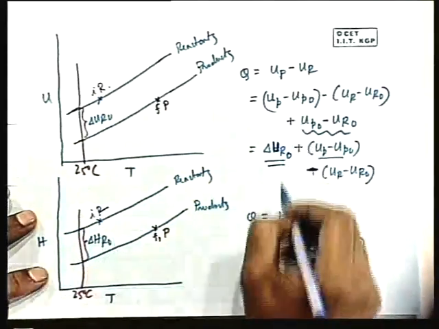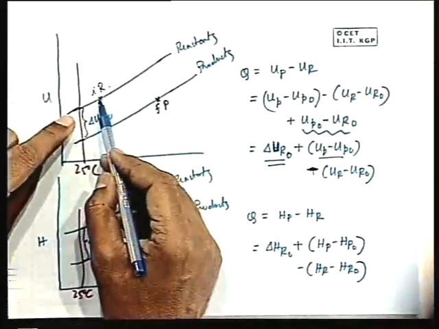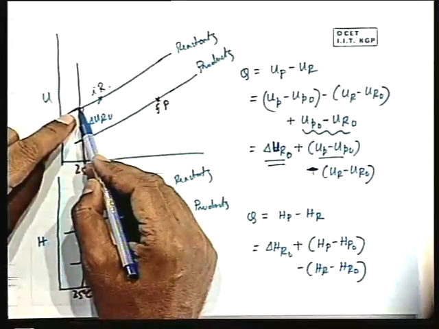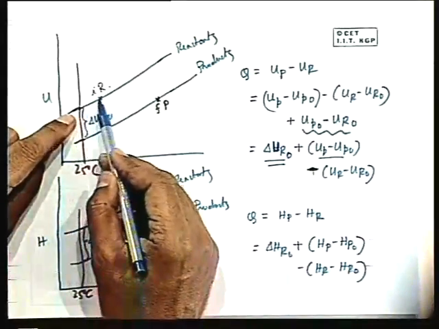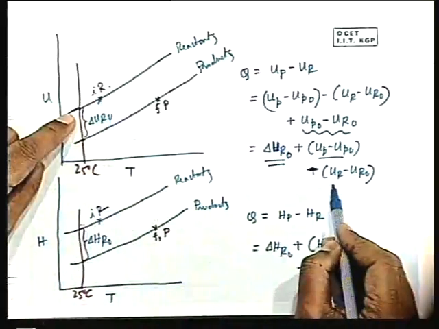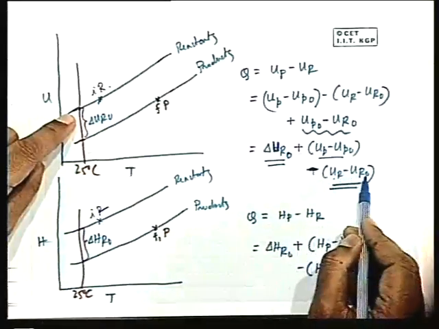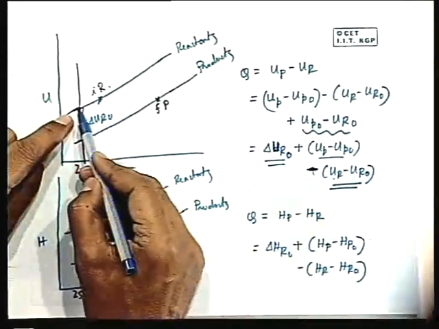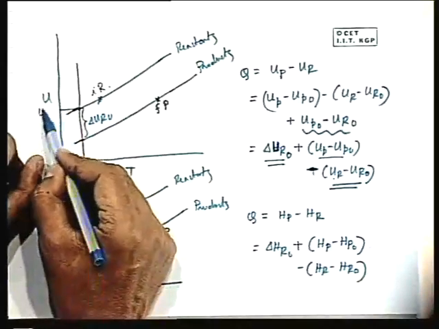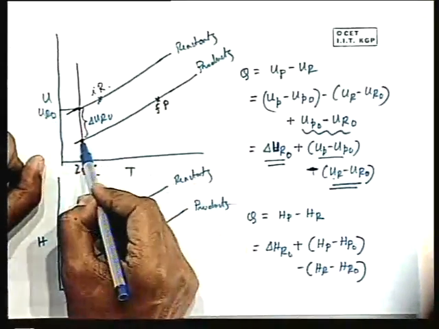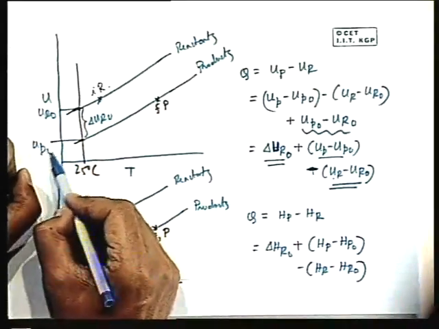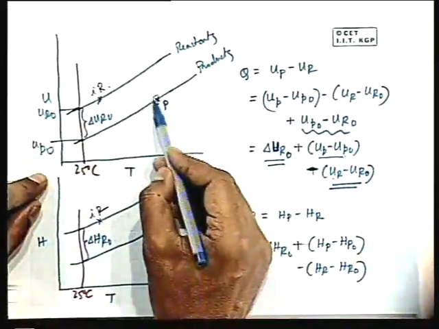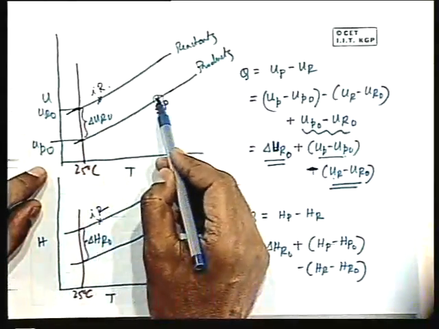This is only algebra, nothing else. So your initial reactants may not be exactly at 25 degrees Celsius, it is away from 25 degrees Celsius. So this will be reflected here, UR minus UR0. This UR0 is here, that means this value is UR0. Similarly, UP0 is this value, UP0. So your product finally is at this state which is departed from UP0.